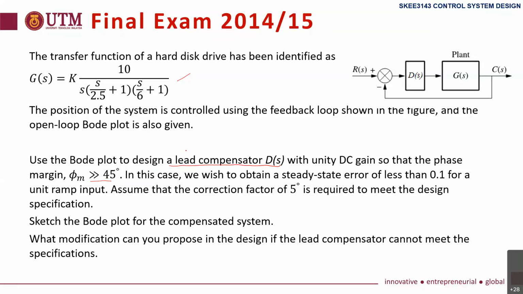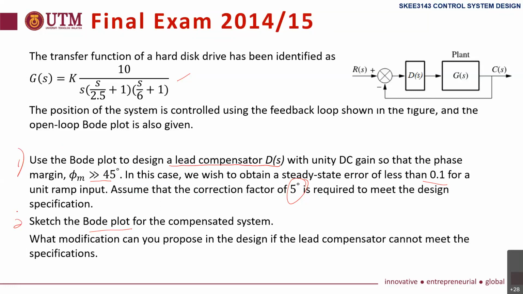And we wish to obtain a steady state error less than 0.1. Assume the correction factor is given as 5 degrees. Sketch the Bode plot for the first design.